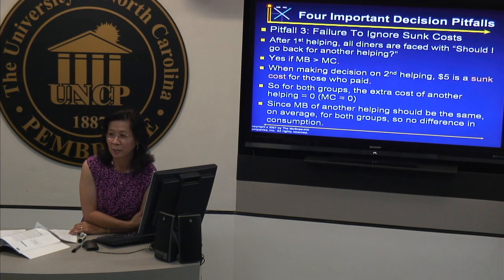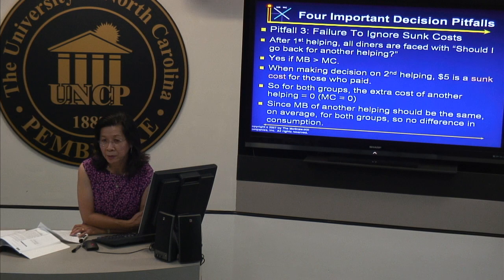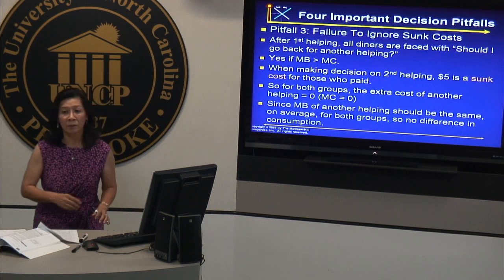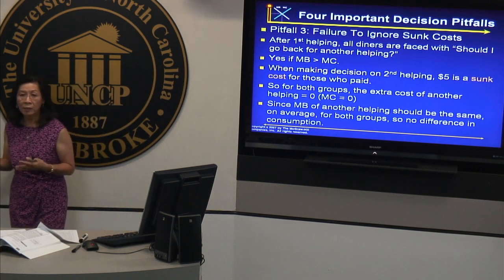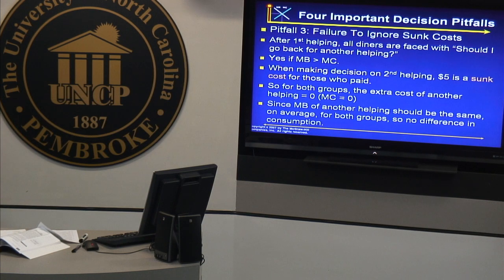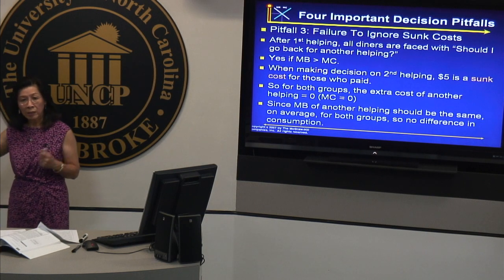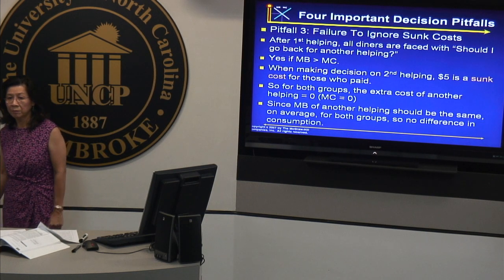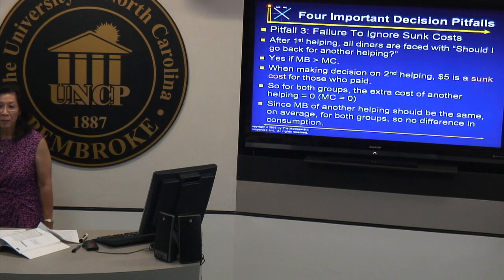Basically, we are using this concept of sunk cost to explain how people make decisions. In this case, there's no difference because of the sunk cost. It doesn't matter whether the $5 comes from your pocket or from the owner's pocket. The marginal cost of a second helping is the same because $5 is the sunk cost.